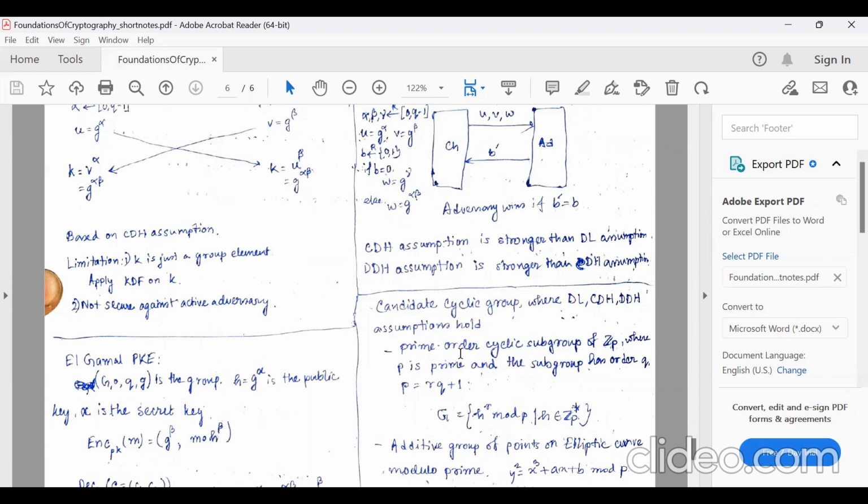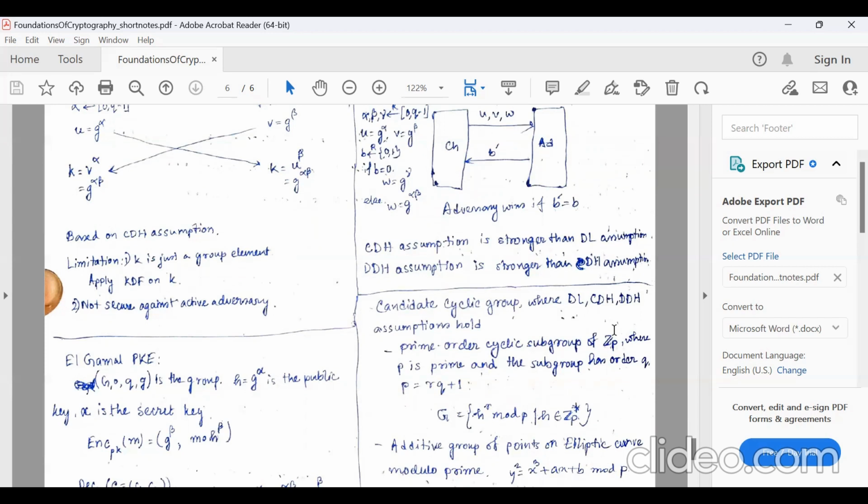Zp star is a cyclic group under multiplication modulo p, and if we take a subgroup of Zp star of prime order q such that p is equal to rq plus 1, and we form the subgroup of the form h to the power r mod p such that h belongs to Zp star, then such a subgroup is believed to have all these three assumptions satisfied in it.